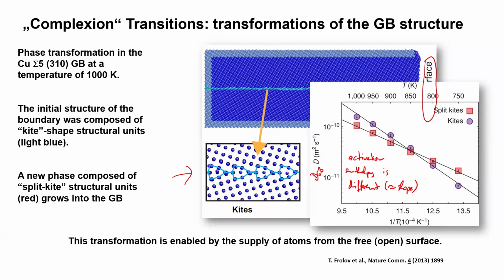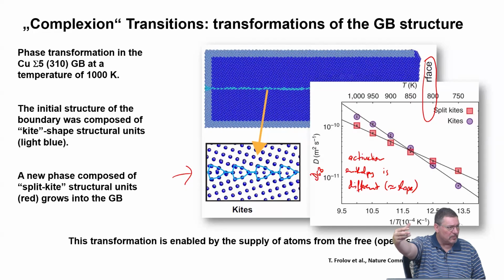So activation enthalpy is just a slope in this representation, right? And the nice thing is that this was actually found in experiments 20 years earlier, but actually from my lab, but that was before I was there, not so old. At that time it was just a fact, but not an explanation, because we couldn't, or people couldn't explain why this happens, because it's against the structural units model, right?